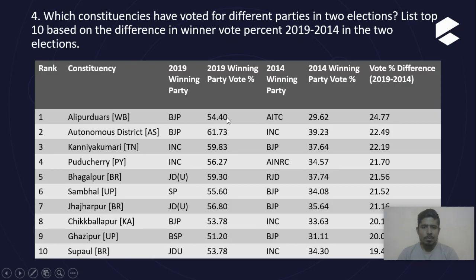So 54.4 minus 29.62 is equal to 24.77. So this is the vote difference. This is how the vote difference 24.77 comes. So these are the constituencies that elected different parties for the two election years.